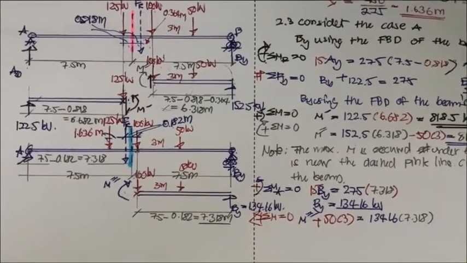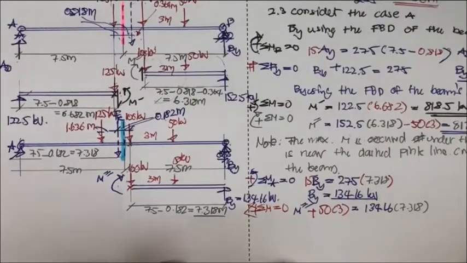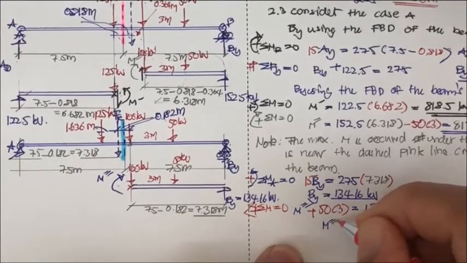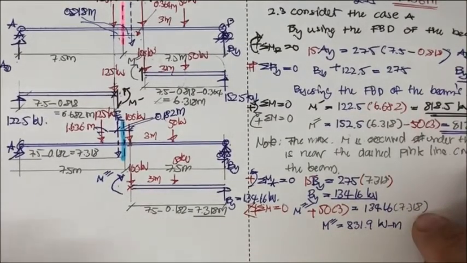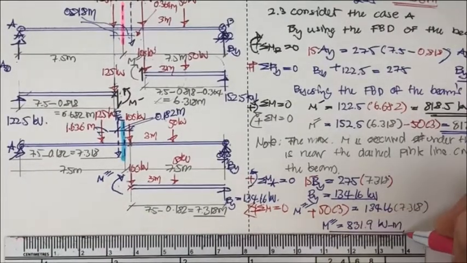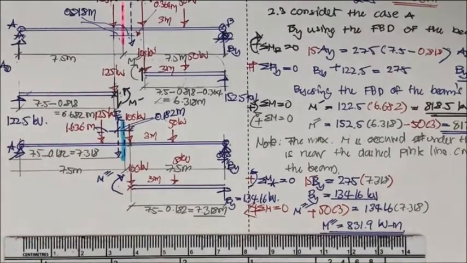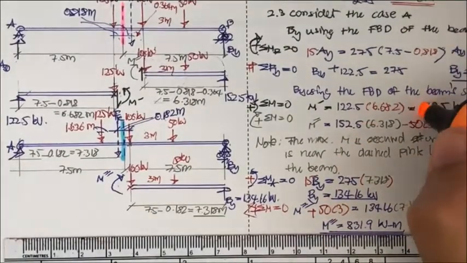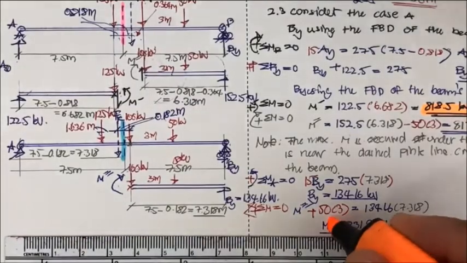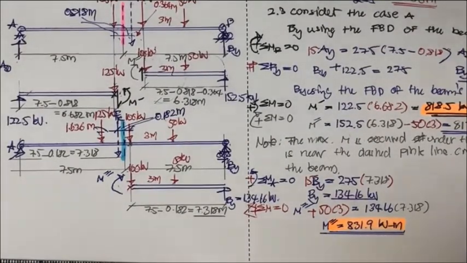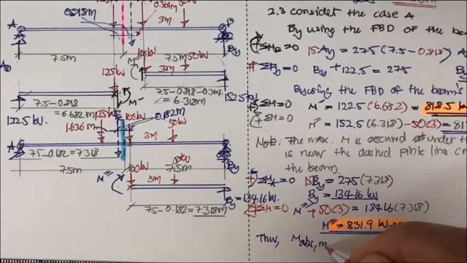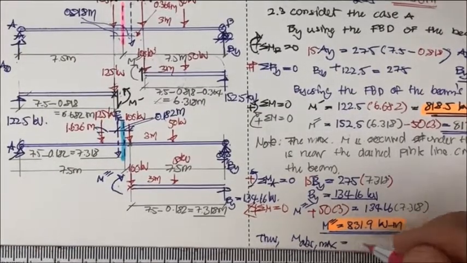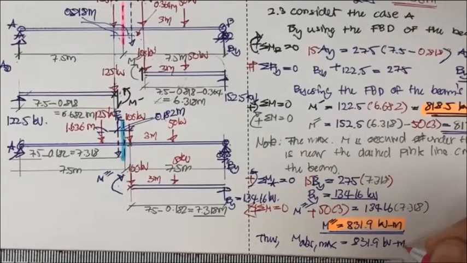What do you get from this? You may get M prime equal to 831.9 kilonewton meter, and you may conclude that, by having the maximum of 818.5 at this one, thus M absolute maximum is going to be equal to 831.9 kilonewton meter.